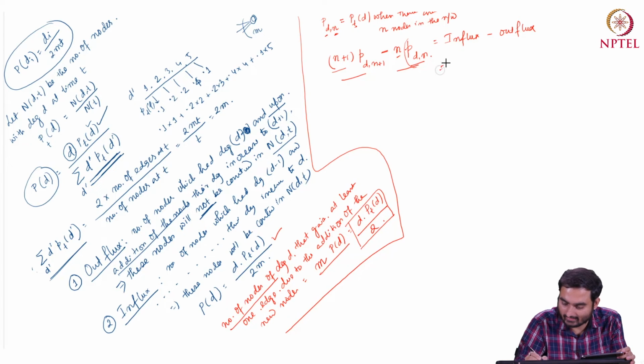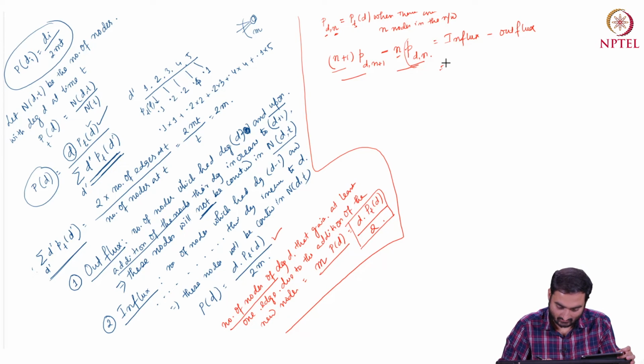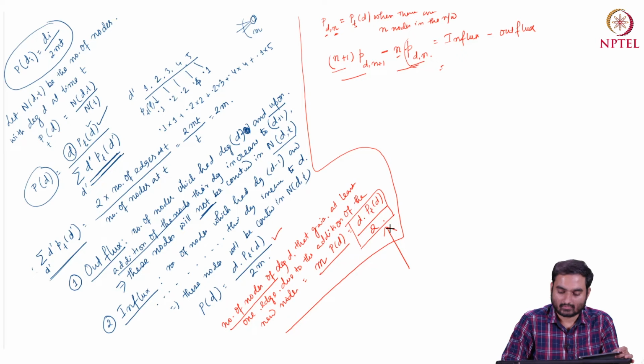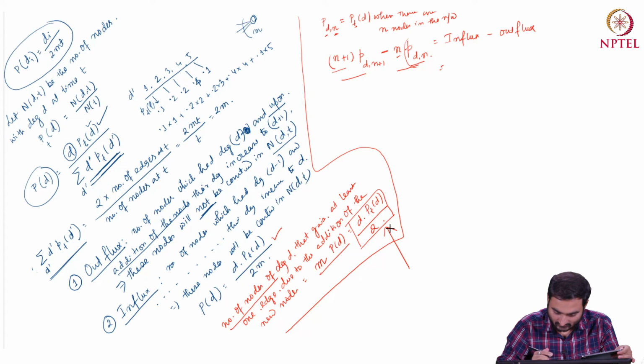Now, this is one way of writing influx minus outflux. We can also write influx in a different manner, based on this equation. Now, what is influx? Remember, we have already renamed this notation, d into p d comma n by 2.